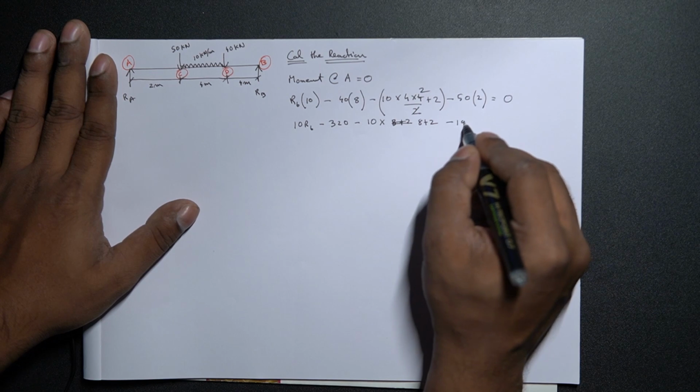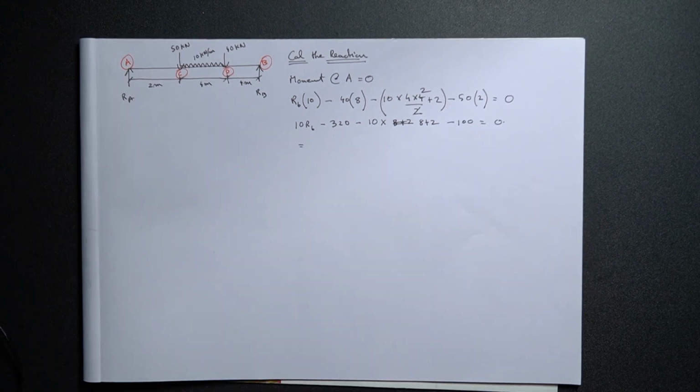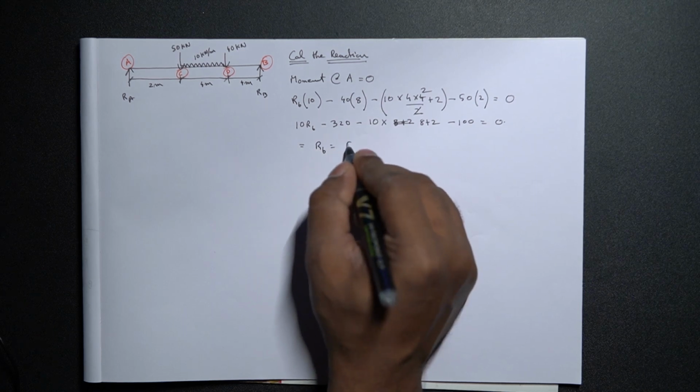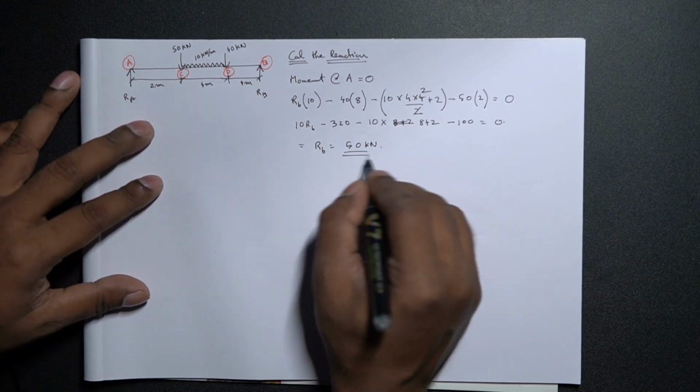Minus 100 equals 0. Now on solving all of this, I'd be getting RB is equal to 50 kilonewtons. So this is my RB at 50 kilonewtons.